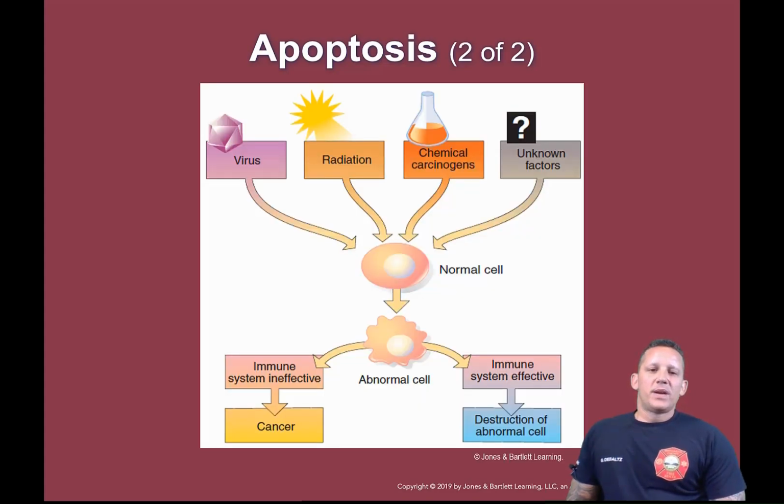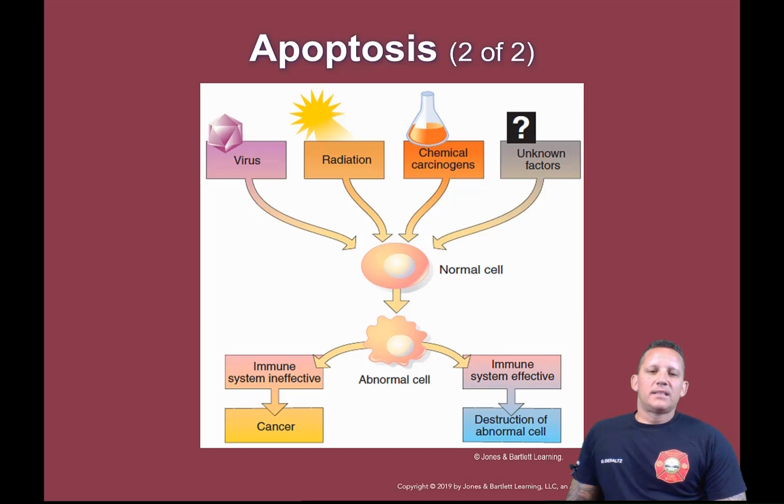So here's a couple of the ways that apoptosis, or cellular death, can be created, and one of two things is going to happen, right? We can have a virus or some kind of radiation or a chemical or carcinogenic pathway, or you could have that physical injury, right? Say some kind of crush or freezing or burning or something like that.